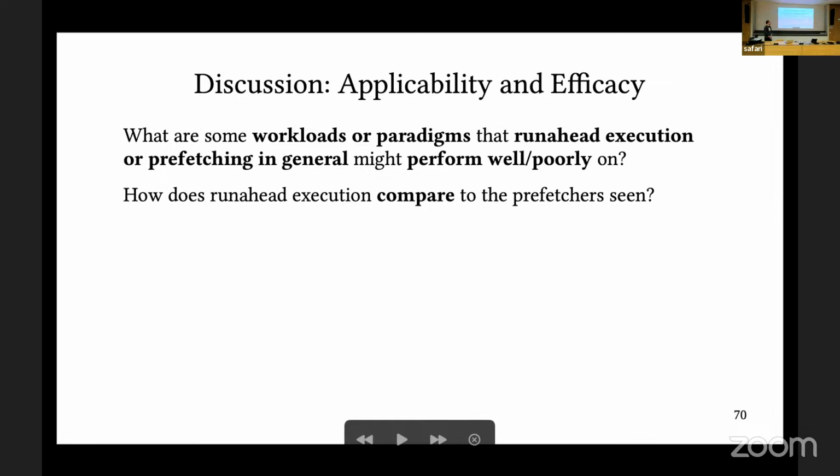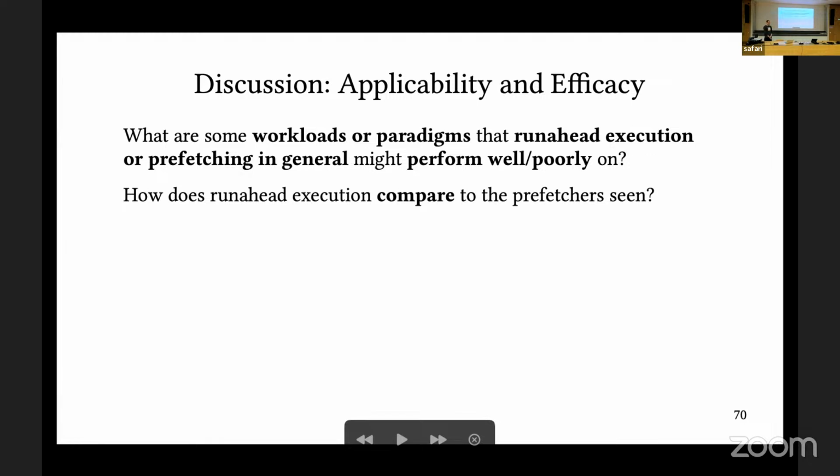I found it interesting to think about how this would conceptually work on different workloads or access patterns, and how runahead compares to prefetchers in these cases, what the upsides and downsides are.